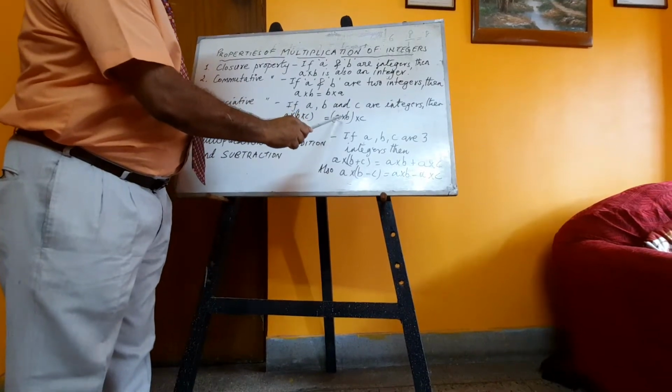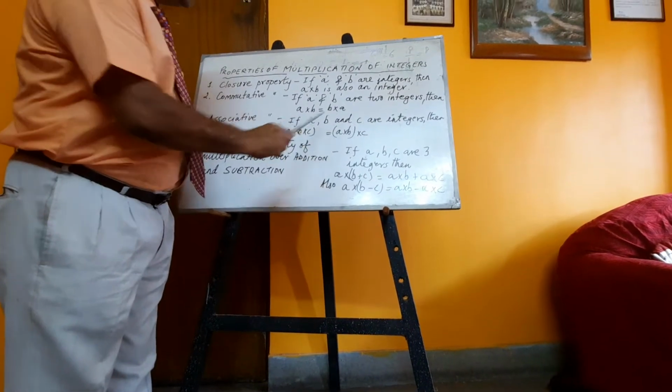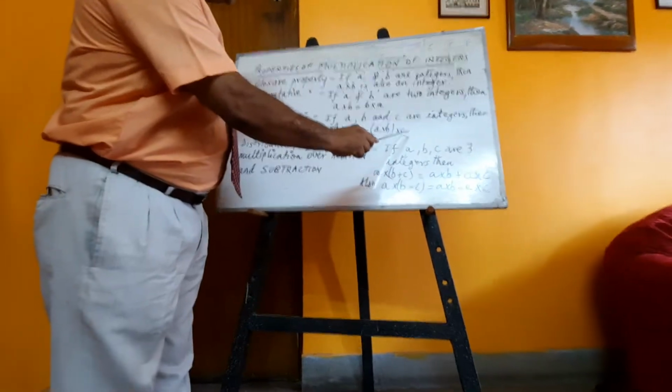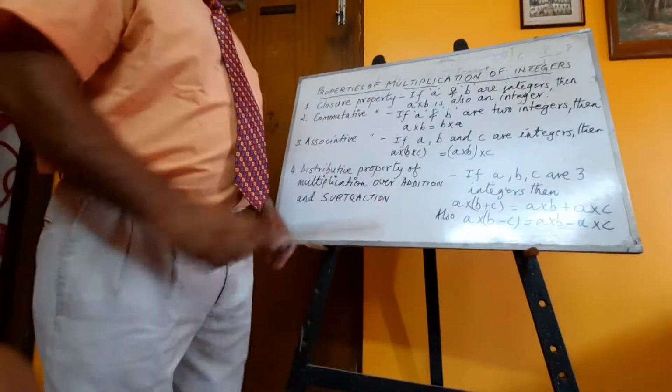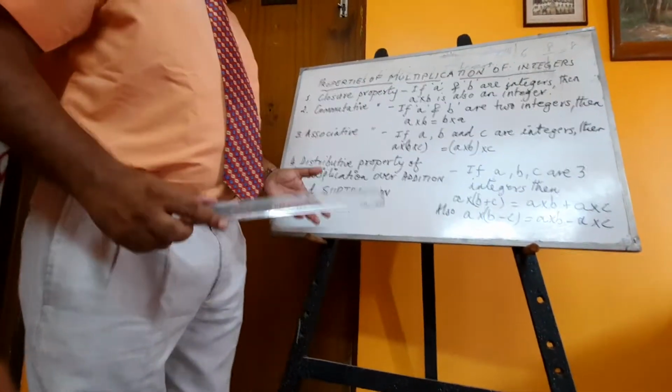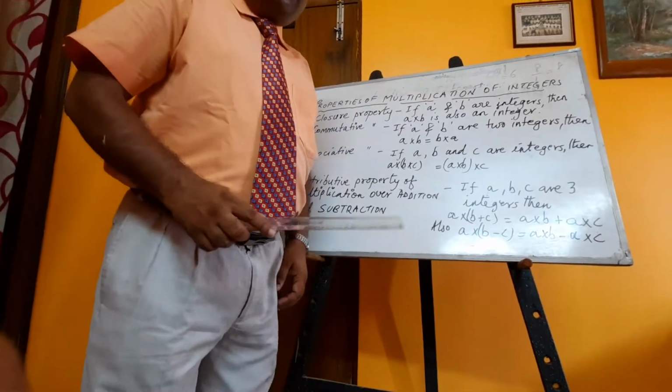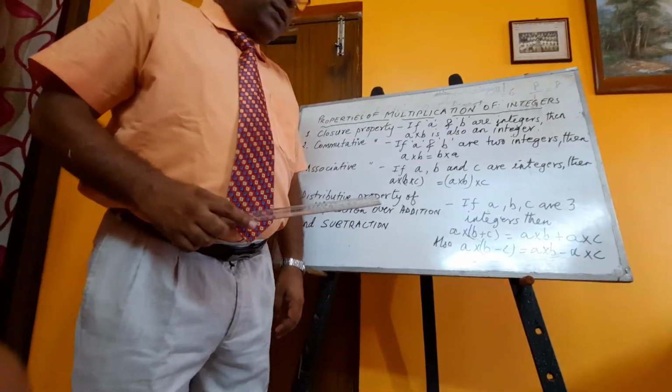Here 2 into 3, 6. 6 into 4, 24. So the result in both cases is the same. This is the associative property.